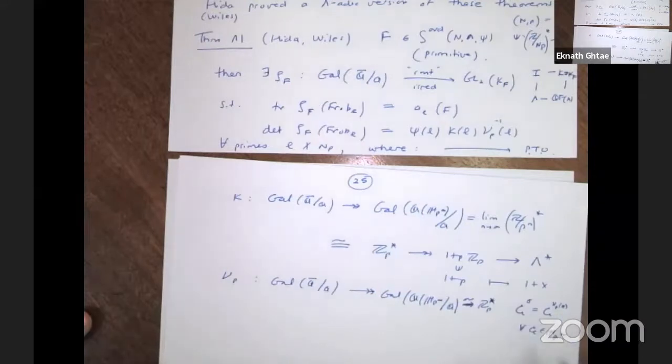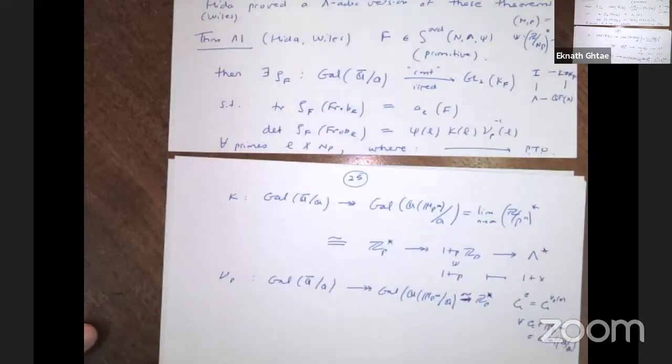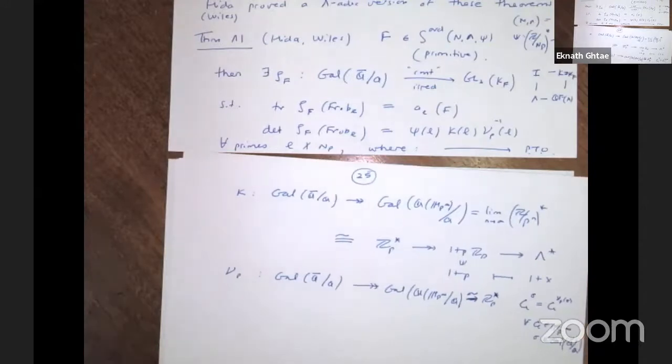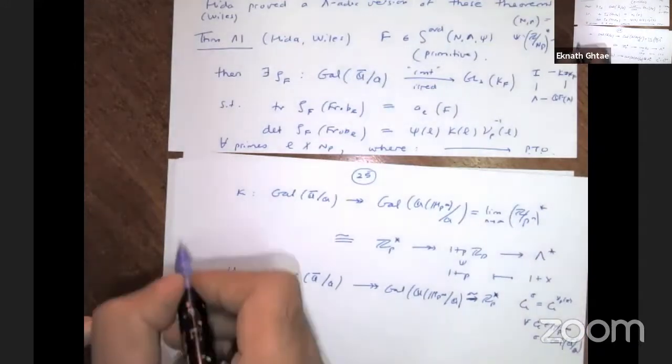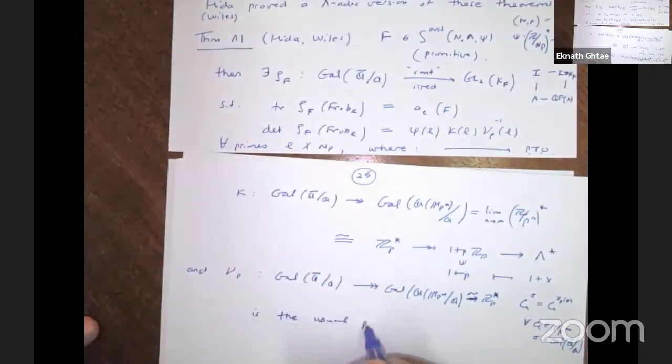If you have any p-power root of unity, the way a Galois element acts is by some power, and that power is by definition the value of nu p of sigma. So this is the usual L-adic cyclotomic character.